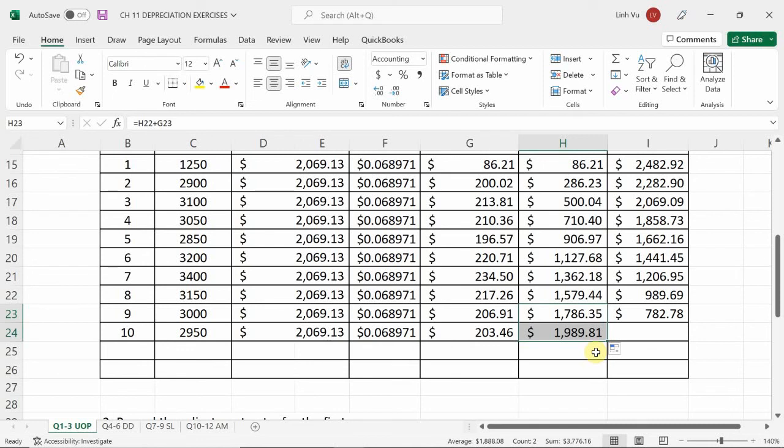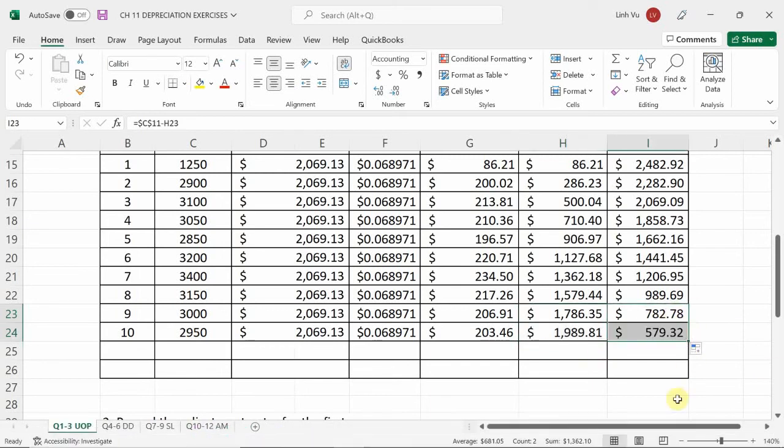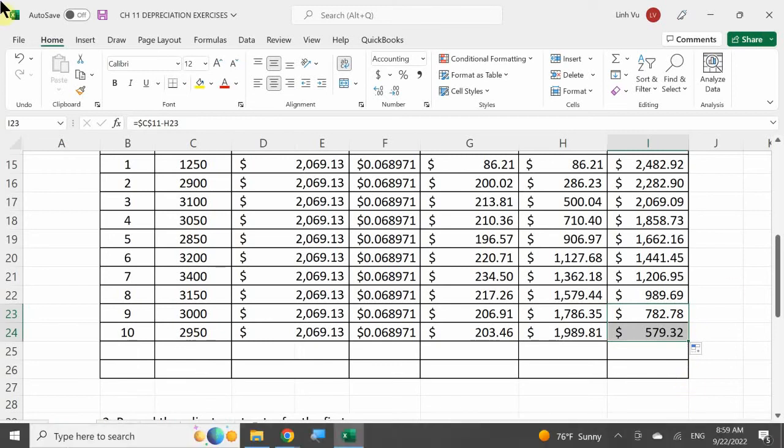So, what is my book value? $579.32. Good. Now, question to you.